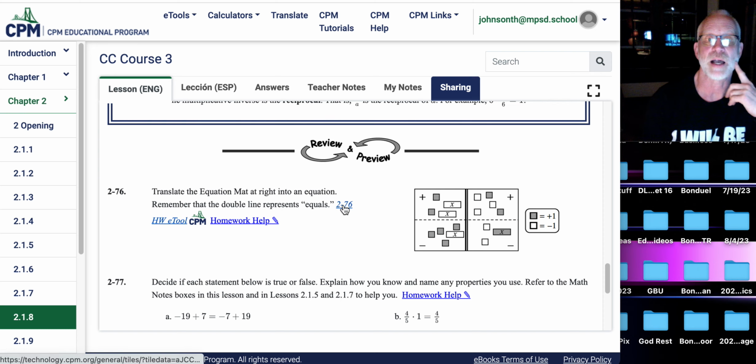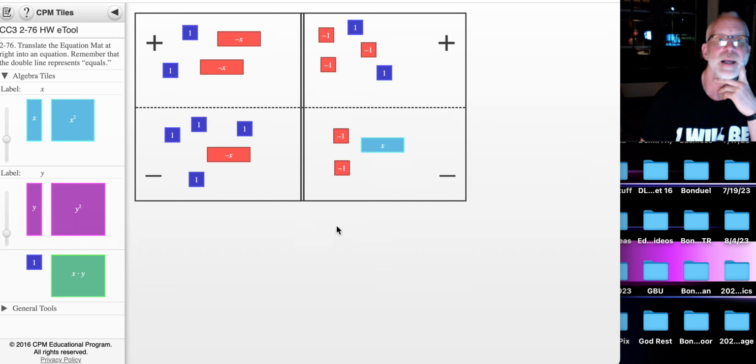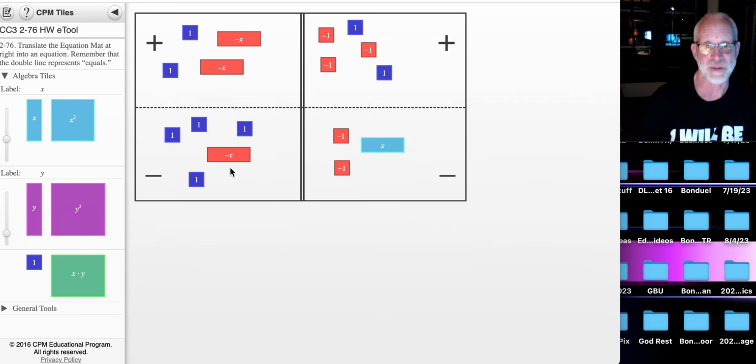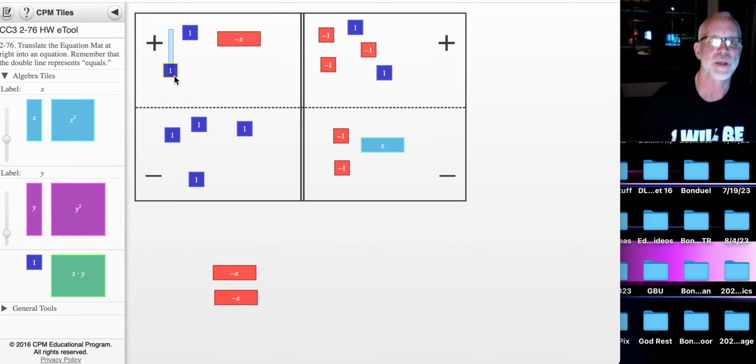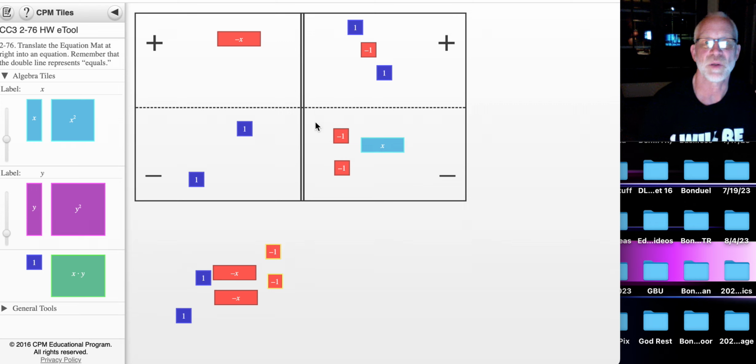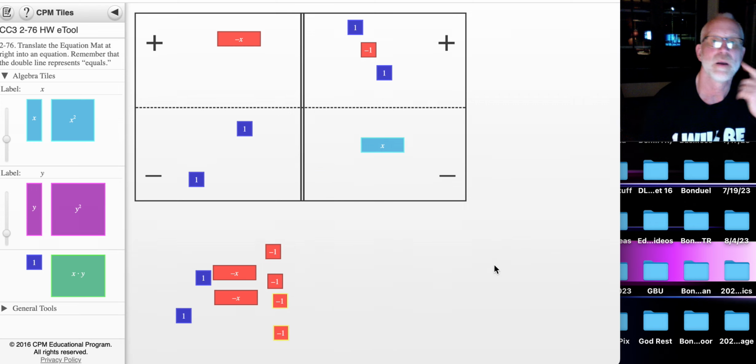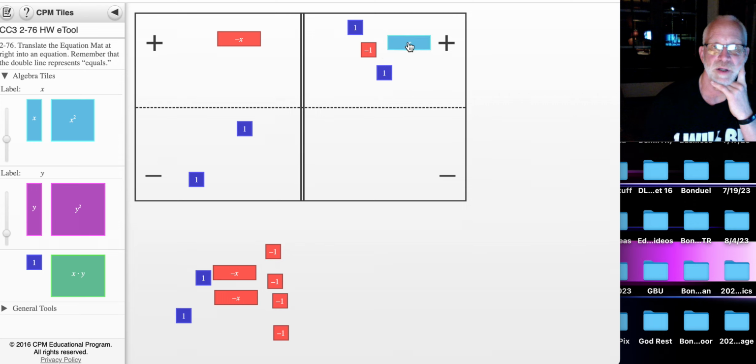Okay, so I'm going to click on this tool. And what do we see? Well, I'm looking right top to bottom. I see the same. I see 2 up here. I can pull away 2 down here. I see 2 negatives up here. I can pull 2 negatives down here. All right, now if I pull this up here, it becomes negative.